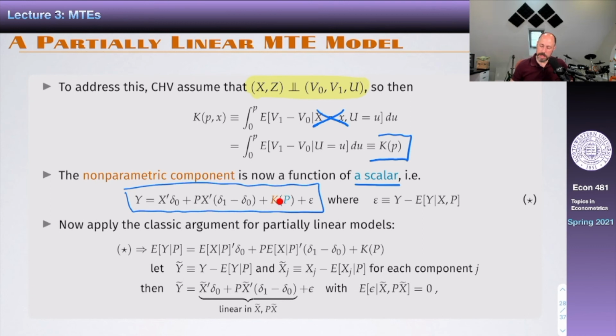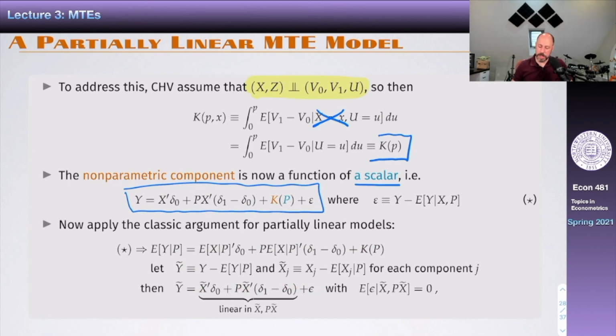You just take this, you take conditional expectation with respect to p. So you have the first term, conditional expectation with respect to p. Second term, conditional expectation with respect to p. So the p pops outside. And then last term is just k of p because you're taking conditional expectation with respect to p. The other one disappears. And then when you subtract, do this minus this, you have this expression over here with all the tilde variables.